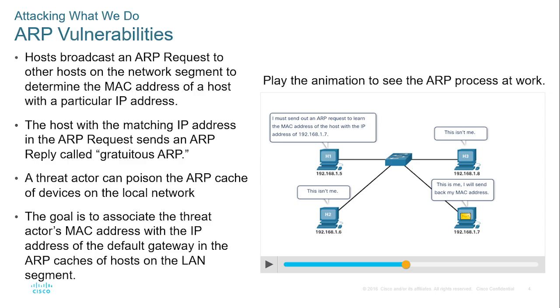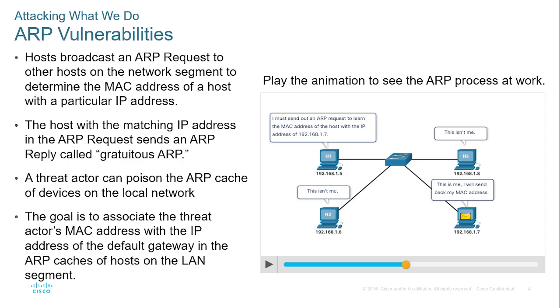Each device in a network is identified by its IP address. But the fact that host 1 has the IP address of host 2 doesn't mean that the IP address is enough for it to transmit data. It also needs the MAC address for host 2.